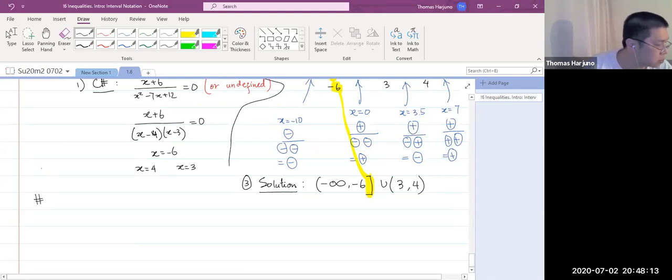Now, last question for the day. Let me choose the harder one. How about number 46. Solve this rational inequality: 2 over 2x plus 3 less than or equal to 2 over x minus 5.